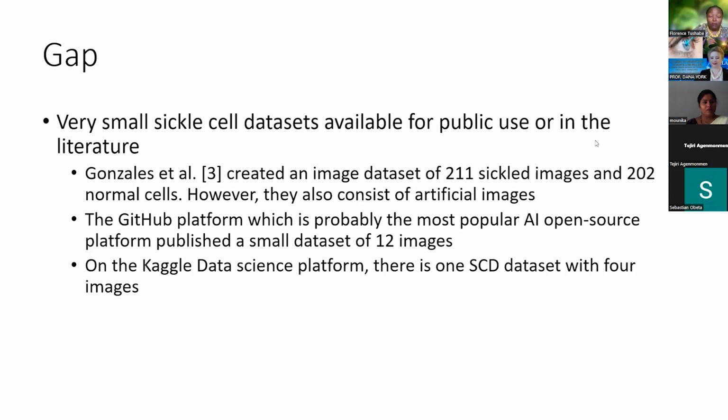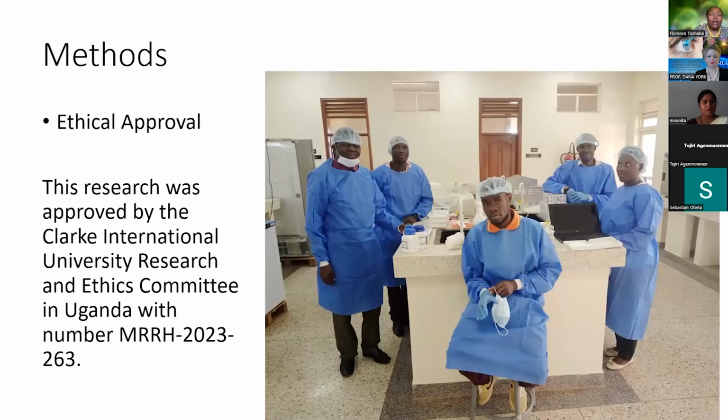But most importantly, it had artificial images, which were not necessarily picked from blood samples. Another one in GitHub had only 12 images. Then on Kaggle, it had only four images. So you can see that there's a big gap for such images. If this data set is not there, then we can't even do any AI operations.